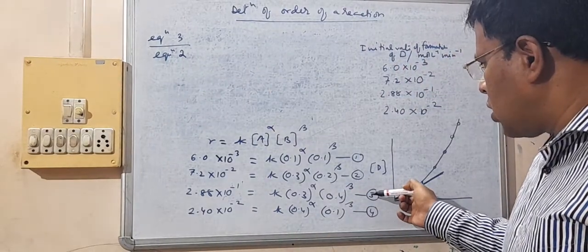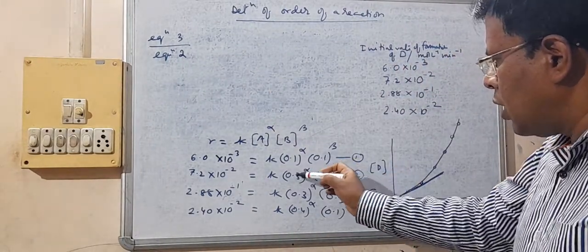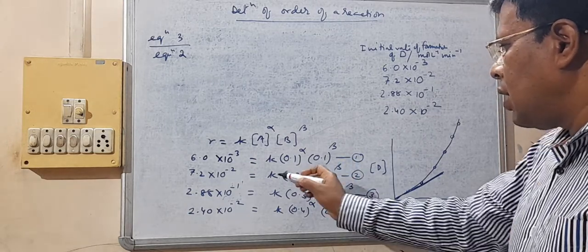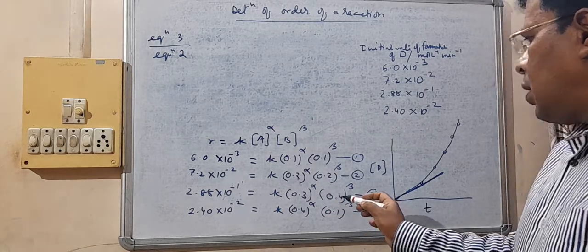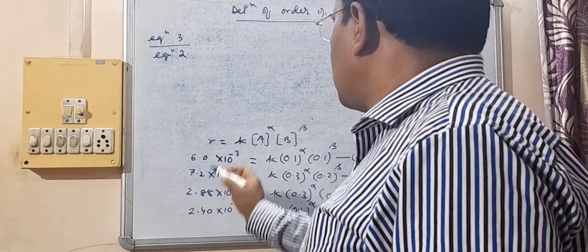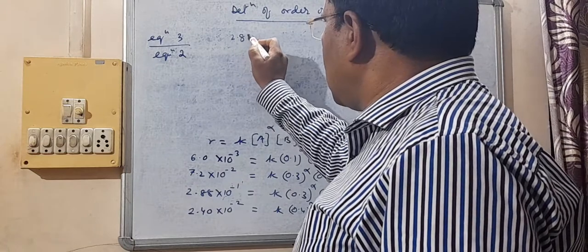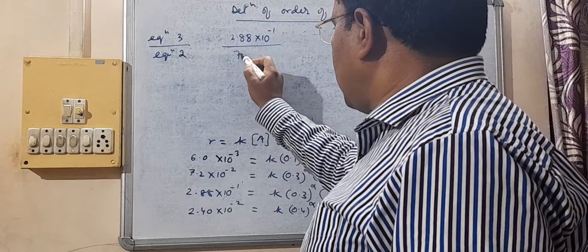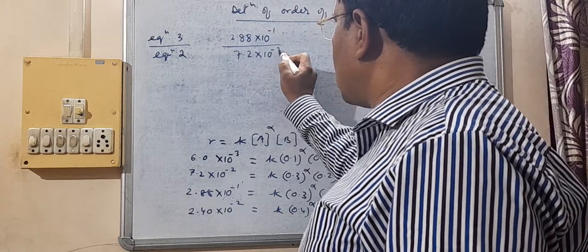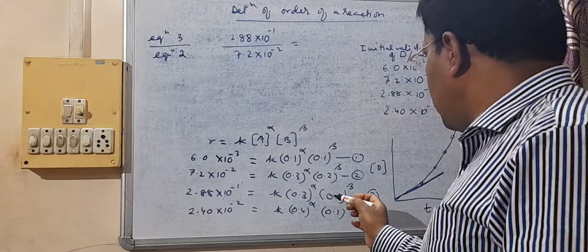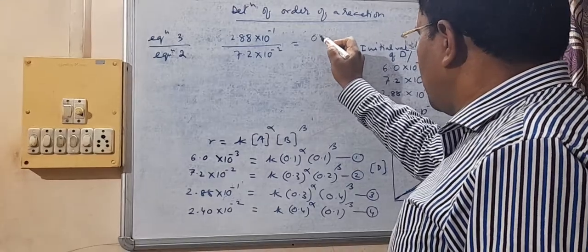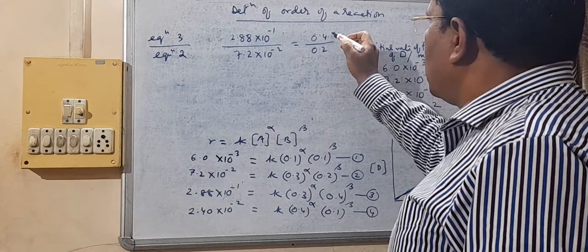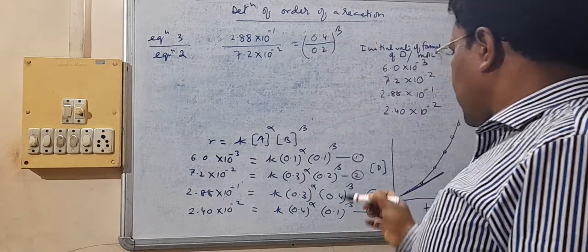On dividing equation 3 by equation 2, the 0.3 to the power alpha cancels, K cancels, and let us write what we get. We get 2.88 into 10 to the power minus 1 by 7.2 into 10 to the power minus 2, and here we will get 0.4 by 0.2 to the power beta.